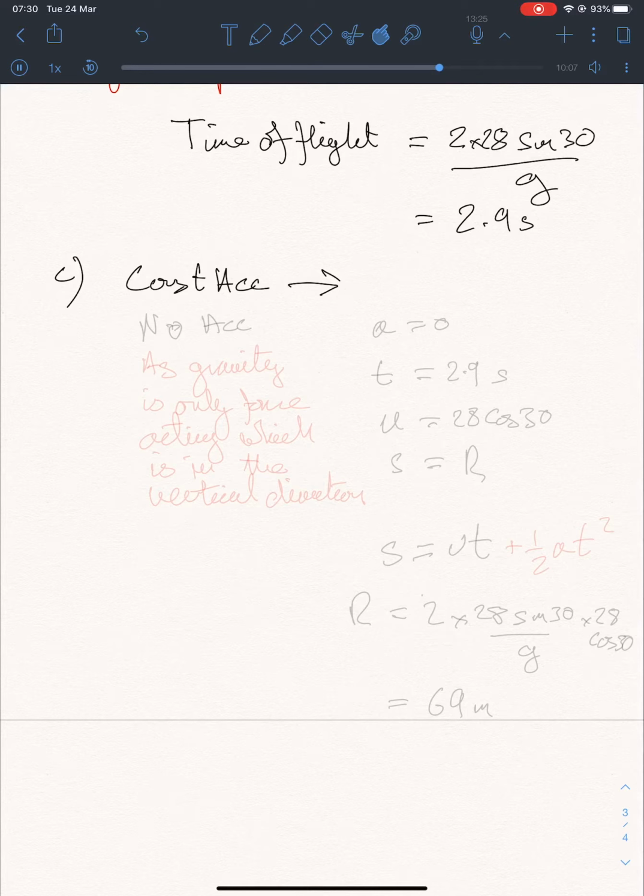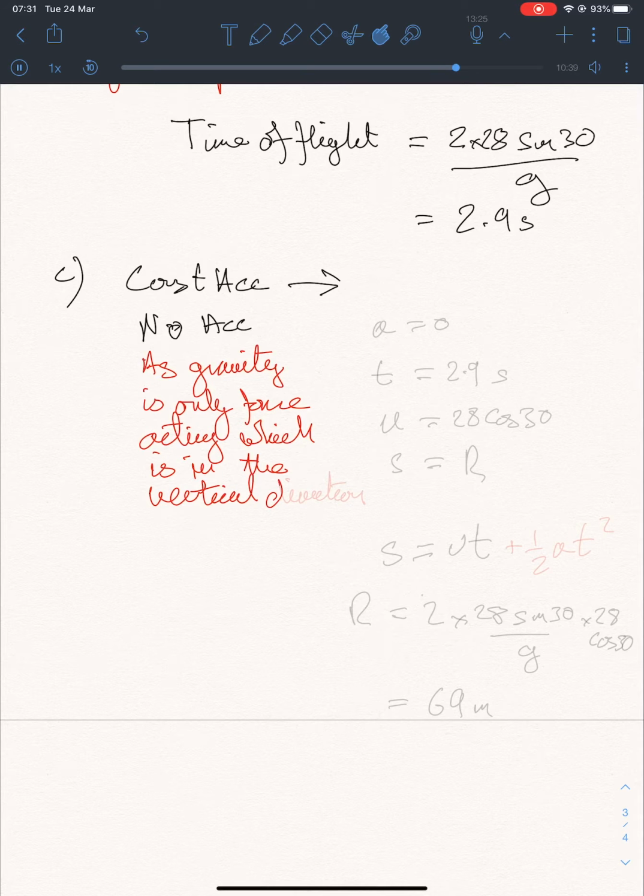Again, software learning. No acceleration, as gravity is the only force acting, which is in the vertical direction.